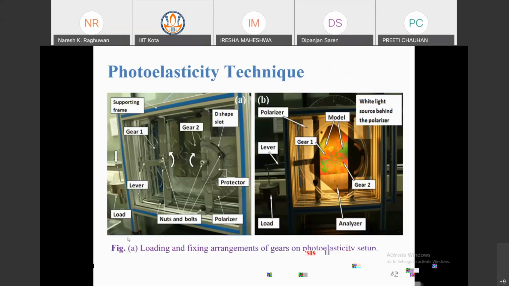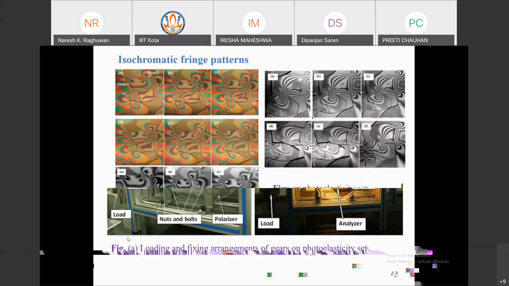Some photoelasticity techniques are there. You can make polycarbonate gears, apply some load, and fringes will appear. These are the isochromatic fringe patterns, and with the help of these patterns you will get the stress level.